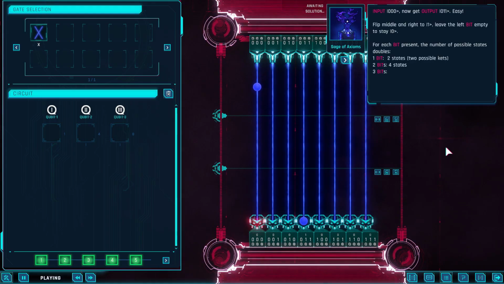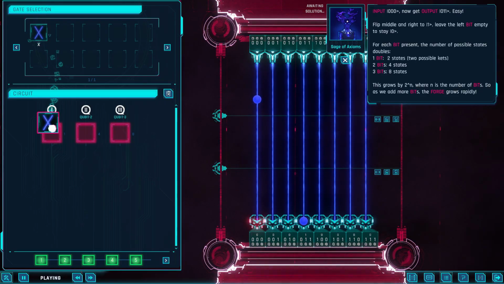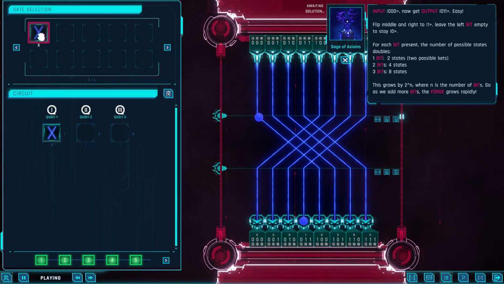And now we've got 3 bits, 1, 2, and 3. And we have to think about the logic to change things from a 0, 0, 0 to 0, 1, 1. And this is exactly what we did in the last one, by placing an X here and an X here.